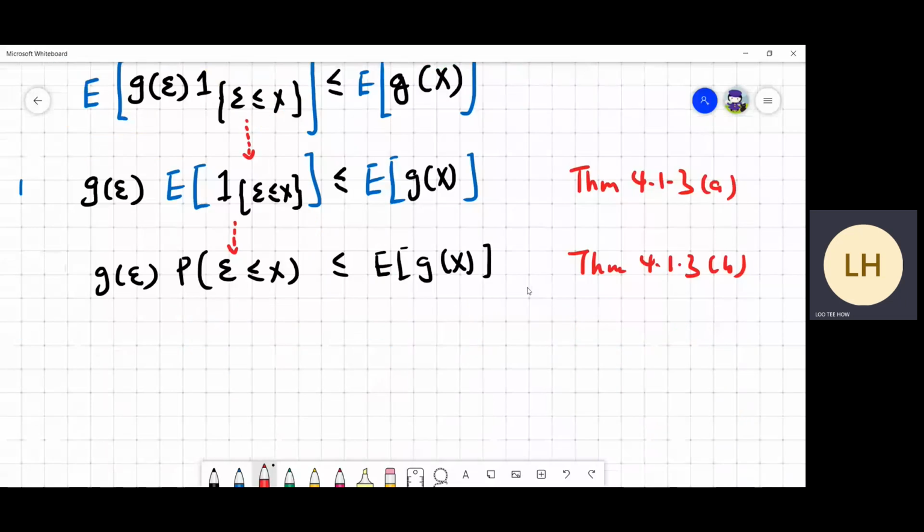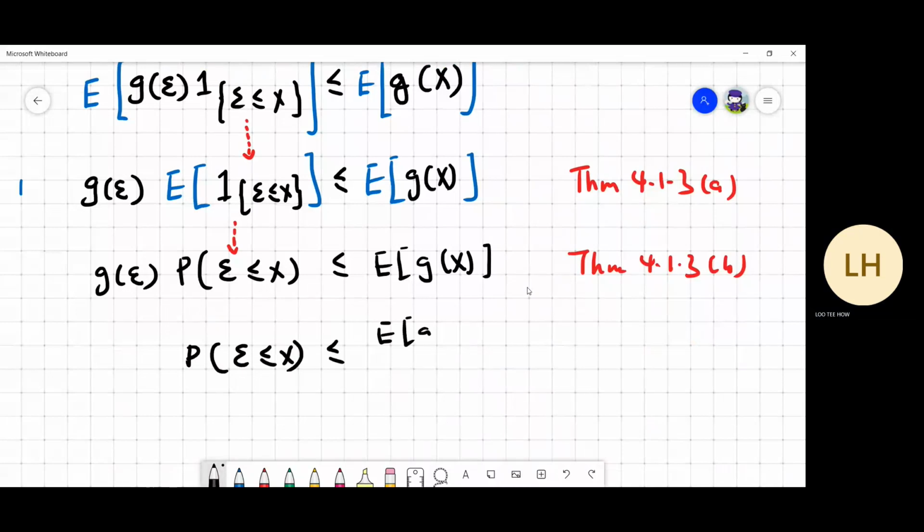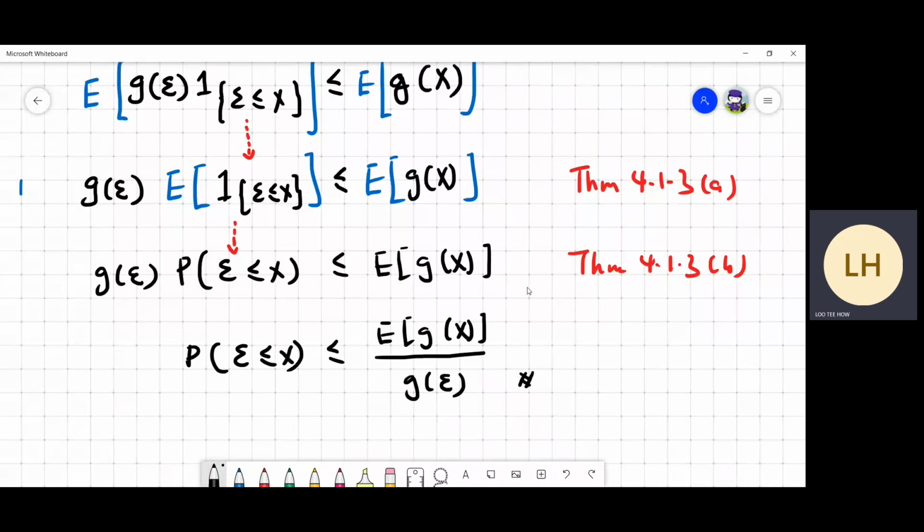Next, we just need to shift G of epsilon to the right-hand side, and then we obtain the inequality. So these two inequalities are quite similar, except that there is one positive increasing function involved in this Chebyshev inequality. That's the end of the proof.